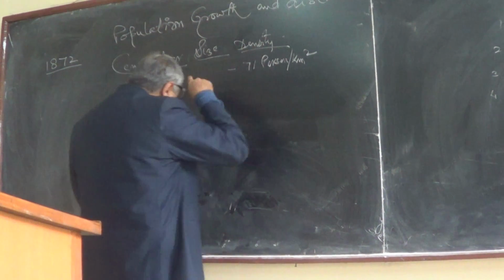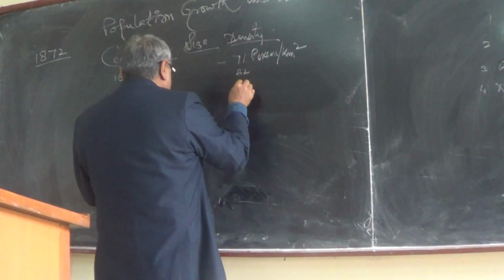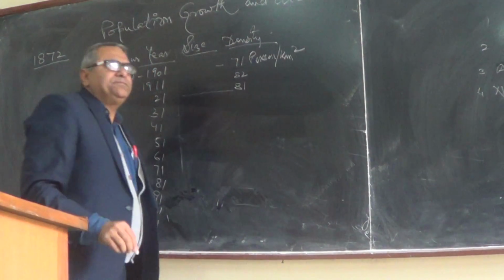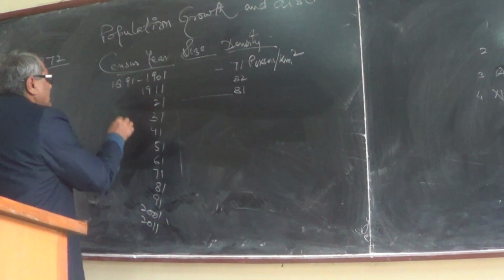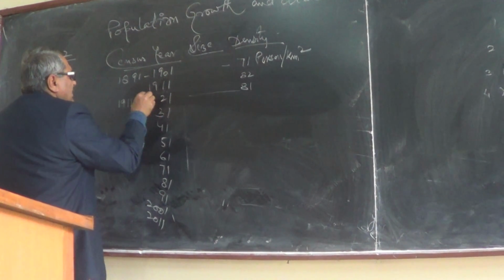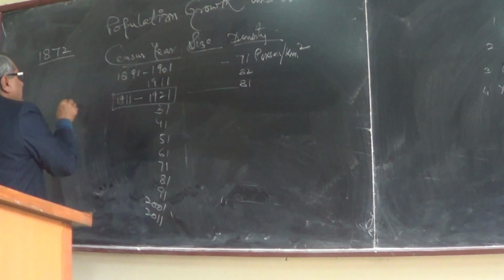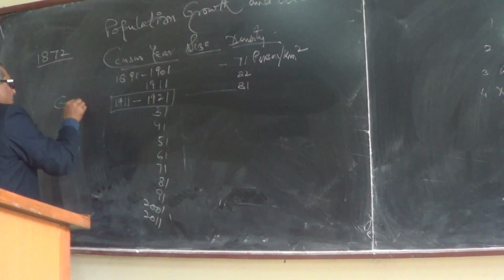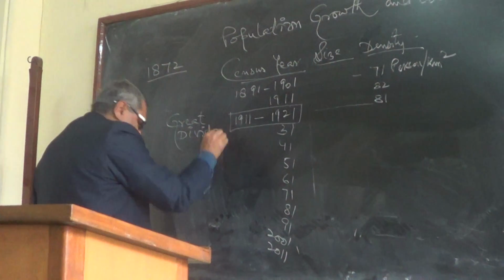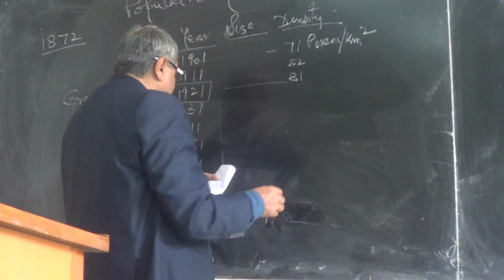It was 91 and it increased to 82. Further it decreased to 81. That's why the period 1911 to 1921 is known as the Great Divide in Indian demography. Here population density decreased instead of increasing.